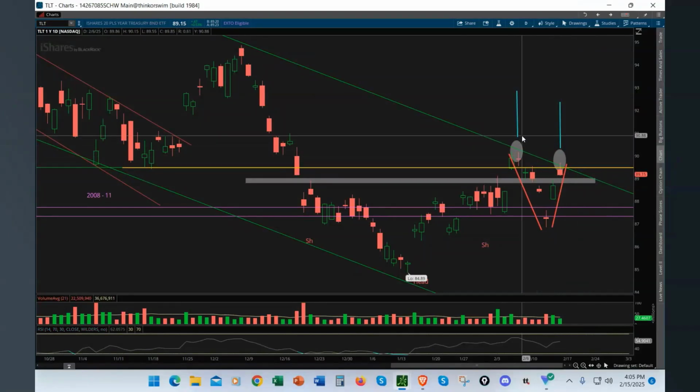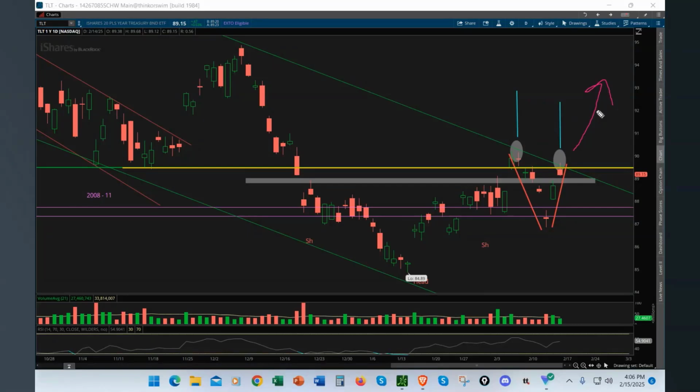And not only that, we have returned to the trend line quite quickly again. That makes me feel like there's pretty good odds that this trend line is going to break. And as we know, if TLT breaks a channel, it probably is going to start a new channel, a new direction.